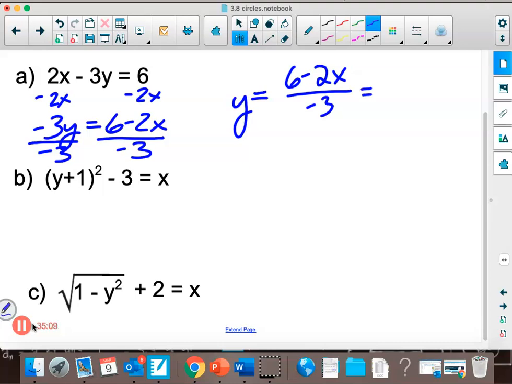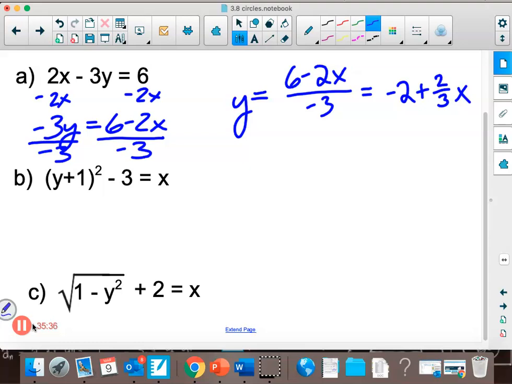So let's go ahead and divide each term by -3. What's 6 divided by -3? -2. What's -2x divided by -3? Positive 2/3 x.